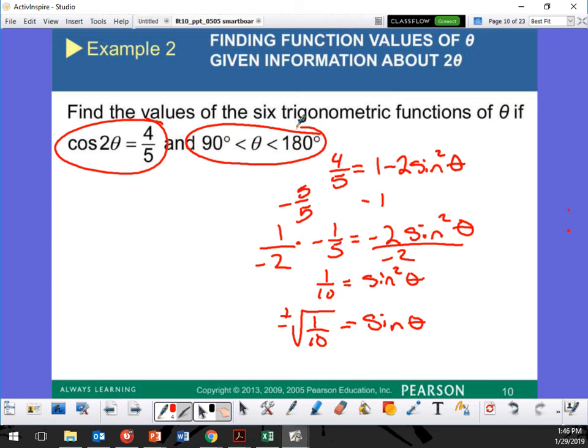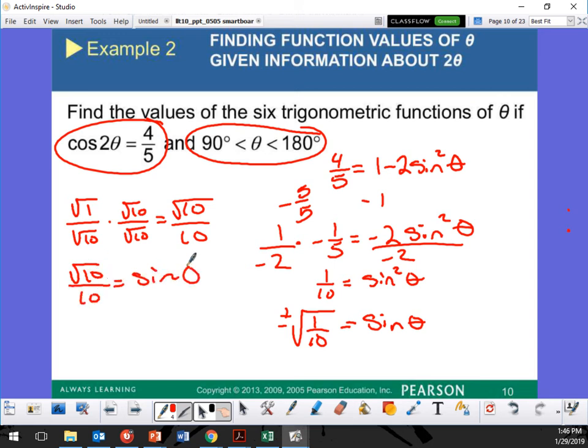Now I'm going to rationalize this. It's going to be the square root of 1 over square root of 10. Multiply, so it's going to give me rad 10 over 10. So rad 10 over 10 is equal to sine theta.